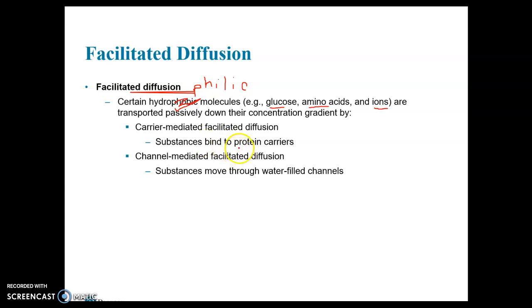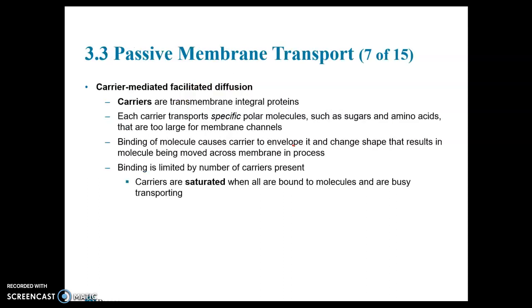That means that they actually chemically bind to a protein carrier, or they move through a channel protein. But it's facilitated diffusion because a membrane protein is being used to transport them across. They don't just travel through the phospholipid bilayer.